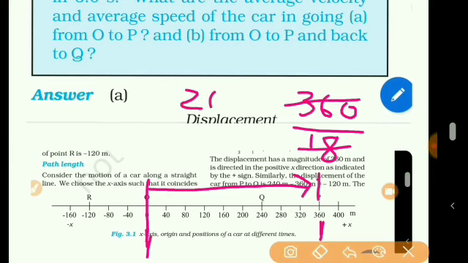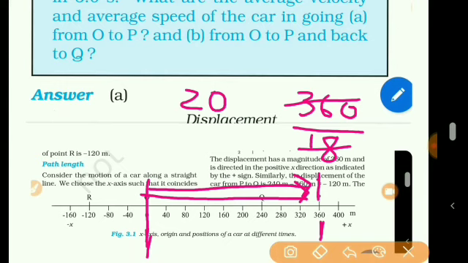So what is the average velocity? It is 20. Now this 20 will be positive. Why? Because the particle moves from O to P towards the positive x direction, and so the average velocity will be positive.